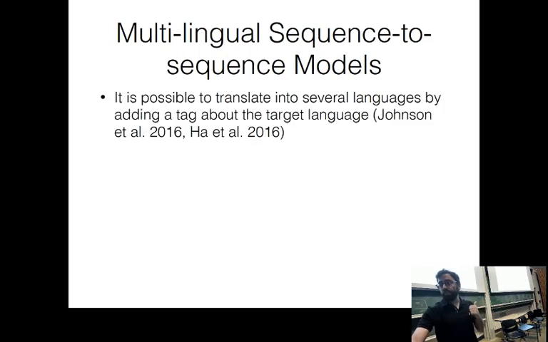In the case of sequence-to-sequence multilingual models, again, the idea of the tag that tells you either what your source distribution is or what your target distribution should be has been very successful.